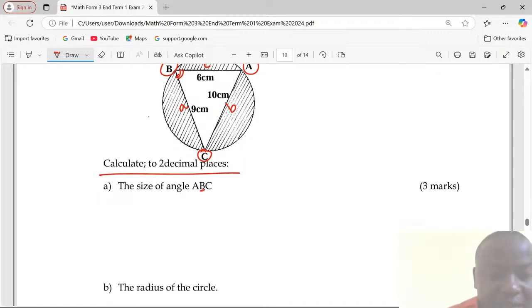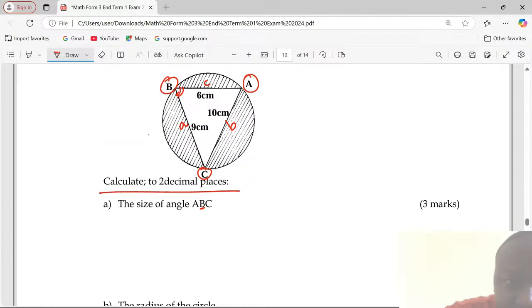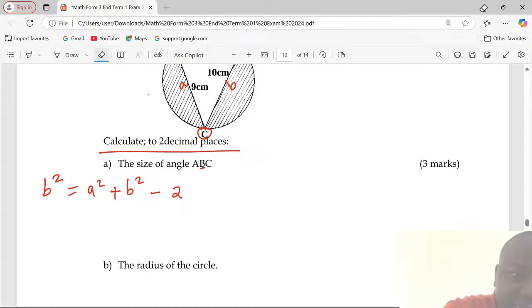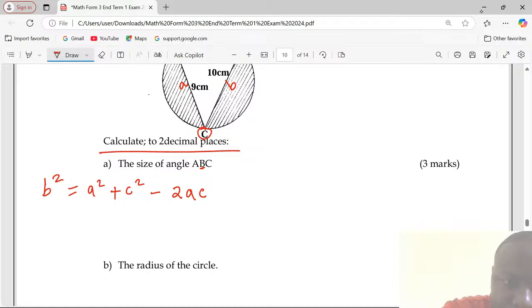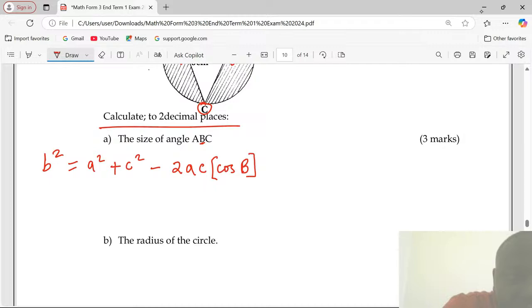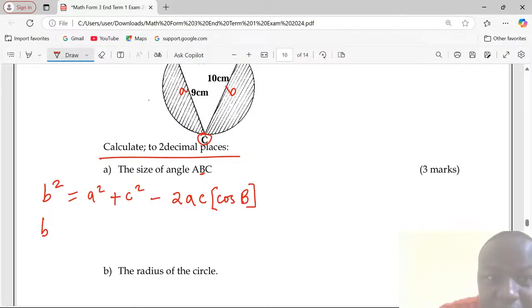Now, we are supposed to apply the cosine rule. What we want is B. So when we take the length b squared, we will get a squared plus c squared minus 2ac multiplied by the cosine of the angle at B. All sides are known.